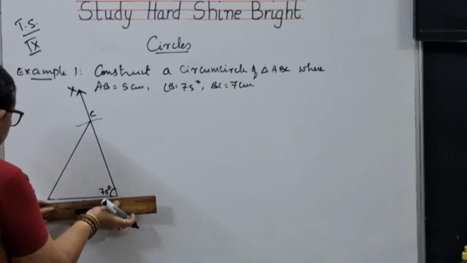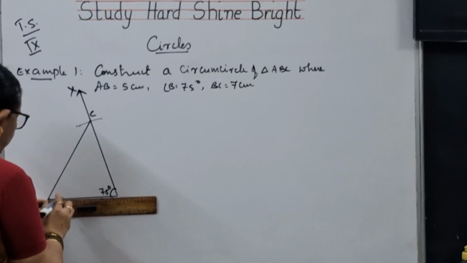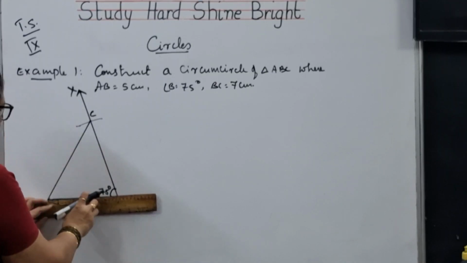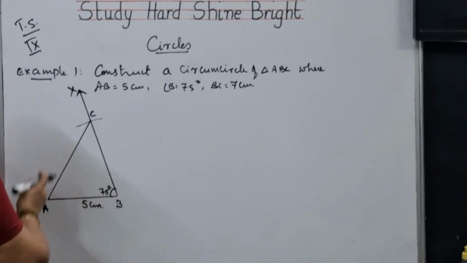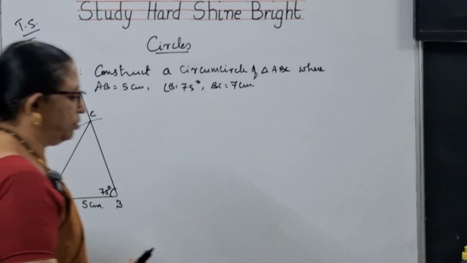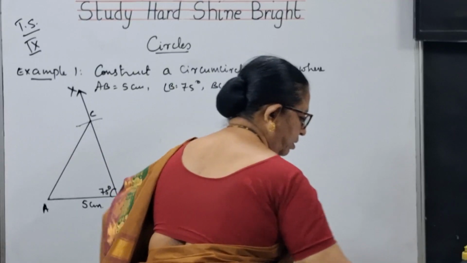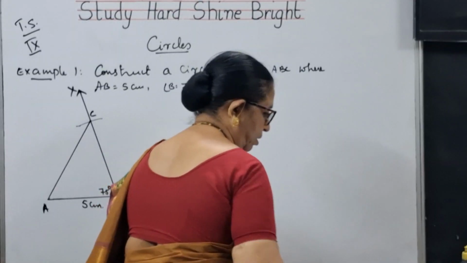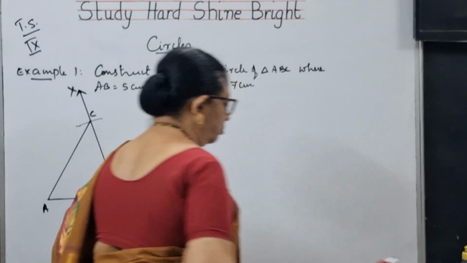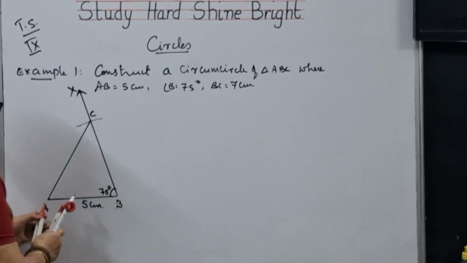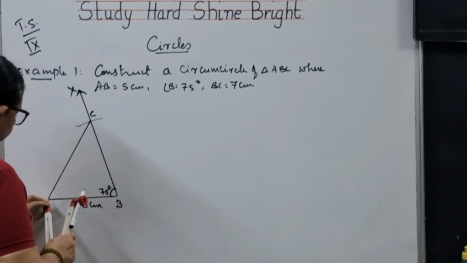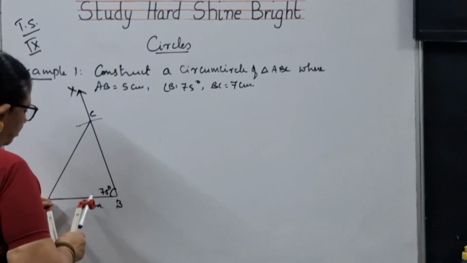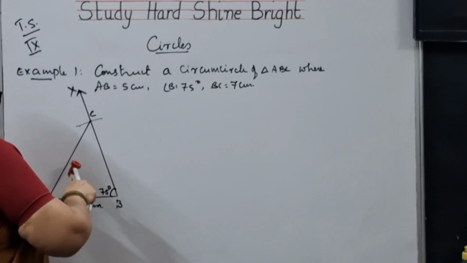Now after joining A and C, what we need to do is to draw a circumcircle. Circumcircle means around this. What you need to do is draw the perpendicular bisector of AB. Perpendicular bisector means A as center, more than half of AB as radius.